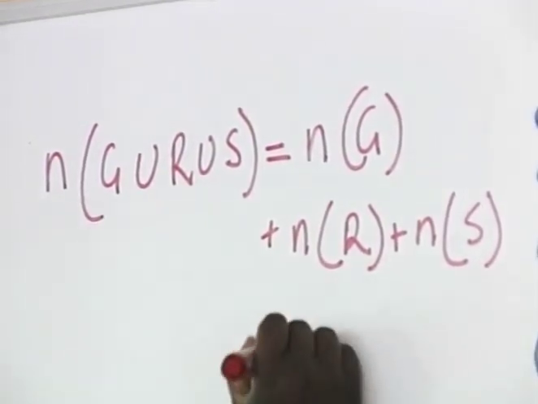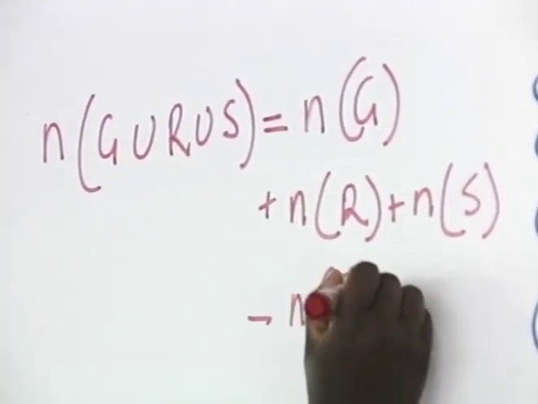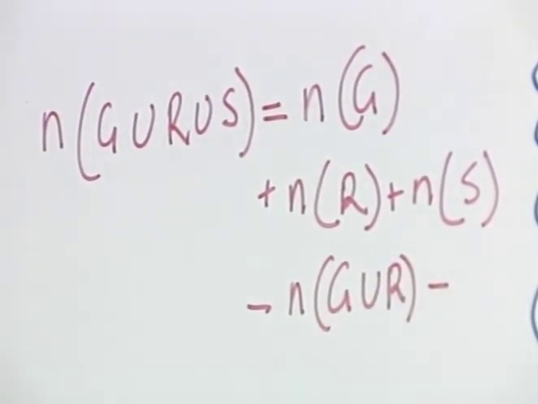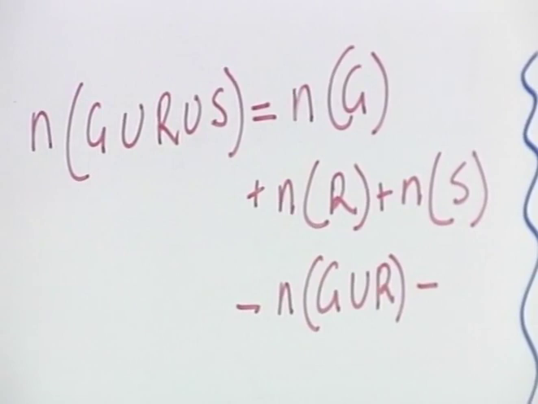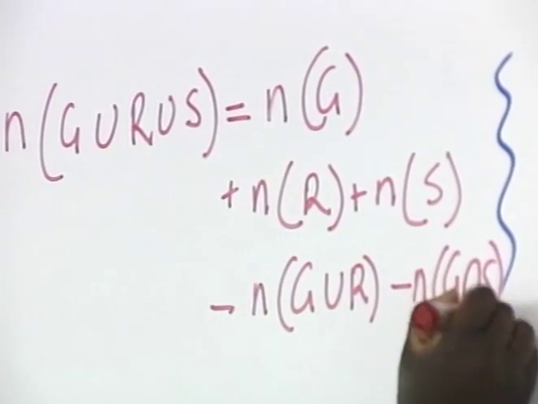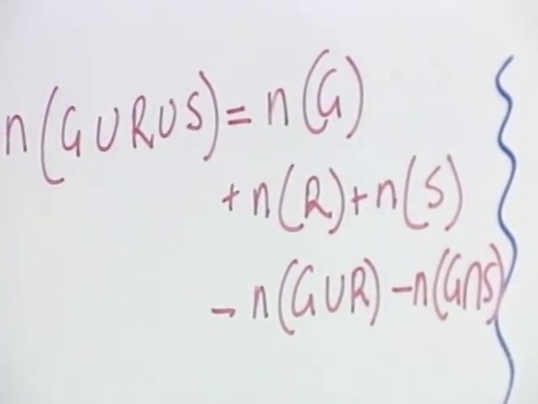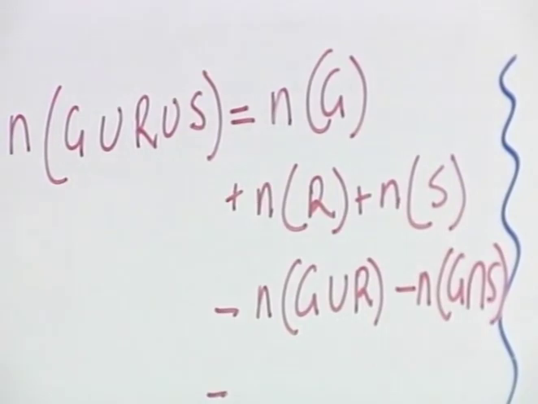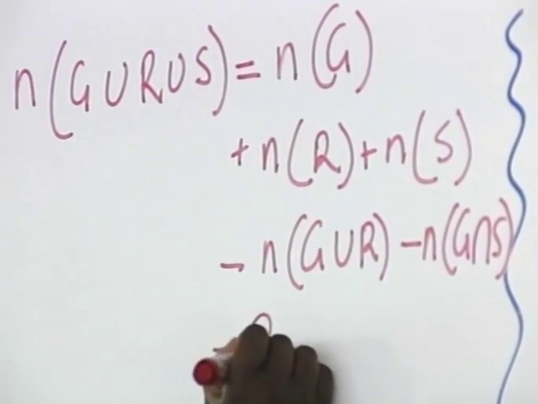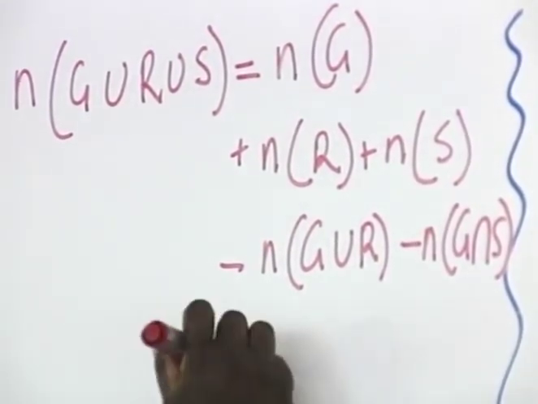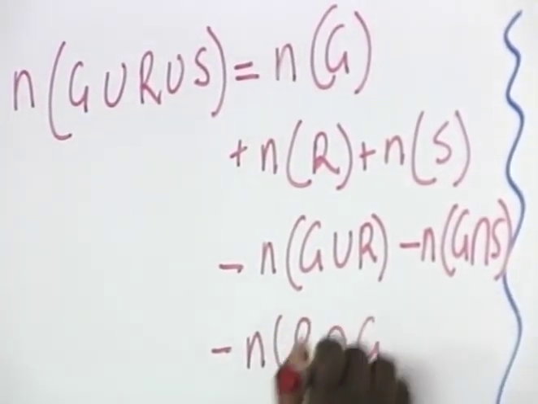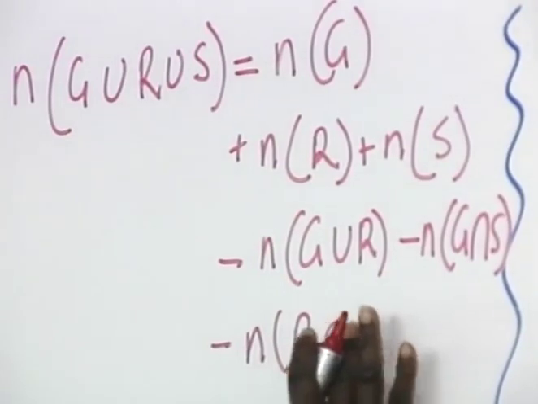The number of elements in G intersection R. We also have to subtract the number of elements in G intersection S. Okay, and then we also have to subtract the number of elements in R intersection, G or S? Oh, sorry, S.